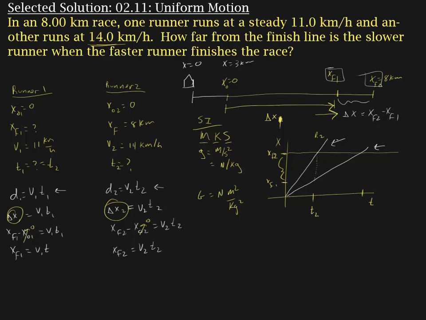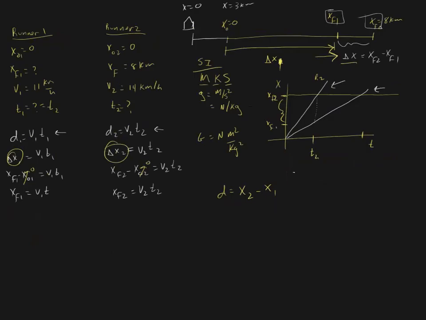We're going to start with this equation, delta x equals x final 2 minus x final 1. And for simplicity, I'm just going to write it as x2 and x1, with the idea that they're the final positions. So we're going to start with d is equal to x2 minus x1.